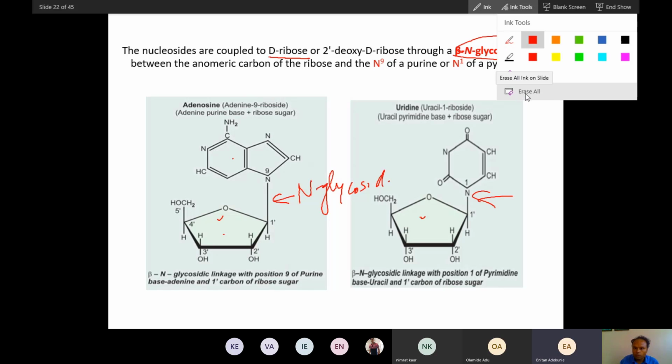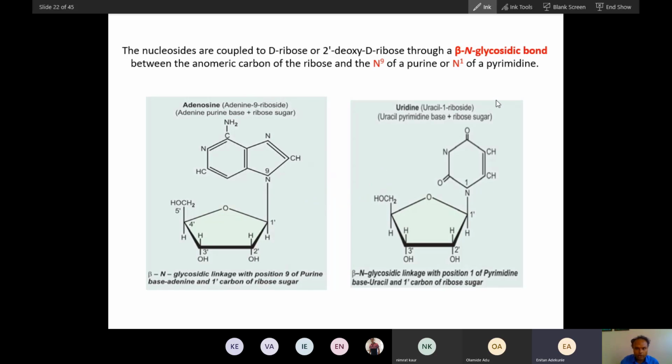In disaccharides, polysaccharides, you will find an O-glycosidic bond. Here you will find an N-glycosidic bond, because of nitrogen and oxygen. Here with purine, number 9 nitrogen with this 1 prime carbon. So this is the glycosidic bond.